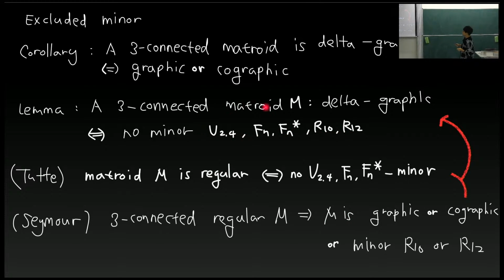Then since U24 is also forbidden, we can say that it is regular. So by using Seymour's theorem, it is a three-connected regular matroid which has no minor isomorphic to R10 or R12, so we can say that it is graphic or cographic. So by the corollary, we can prove the backward direction of the lemma.